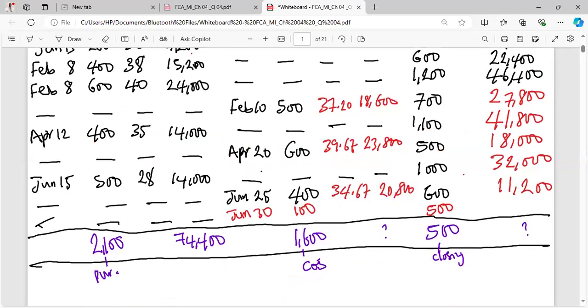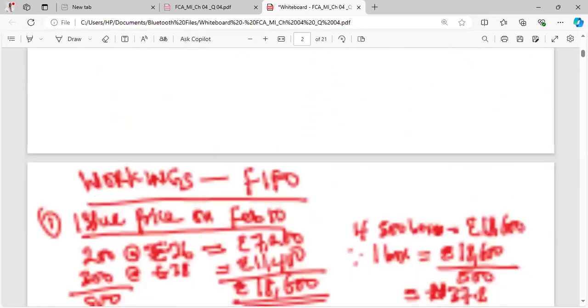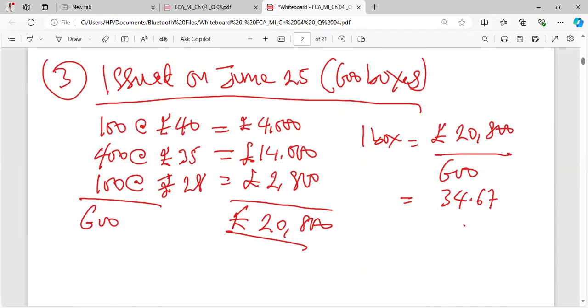It's 400 that we are supposed to collect, not 600. So we had 100 here plus 300.